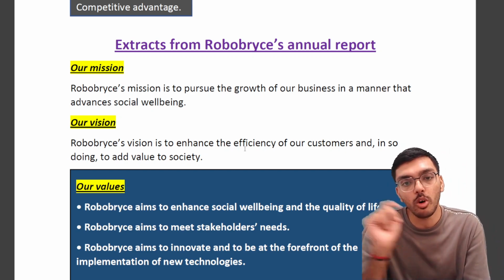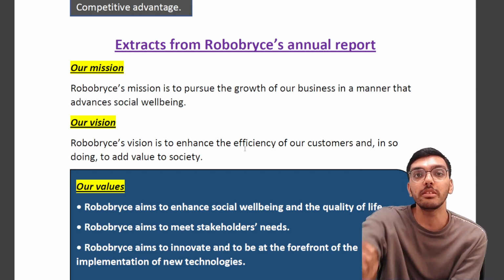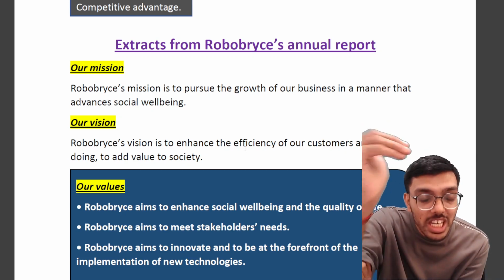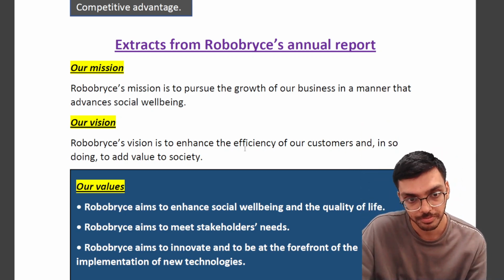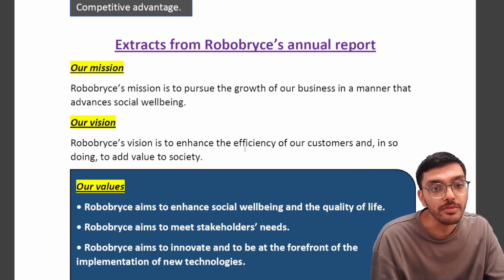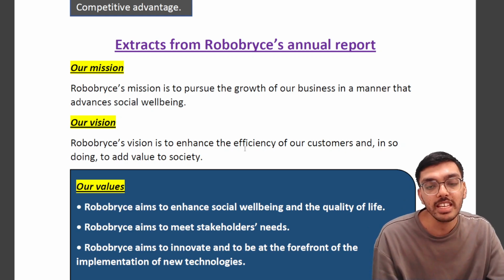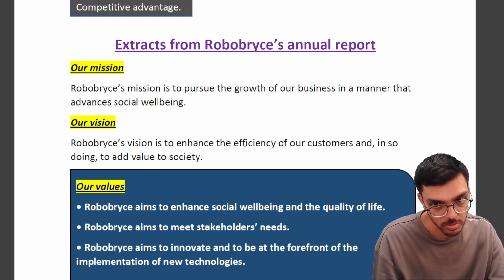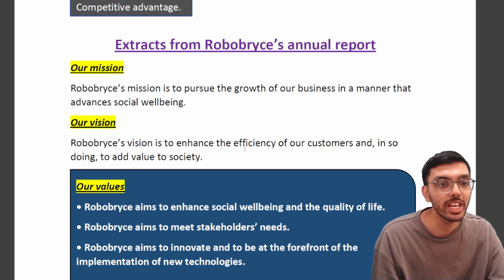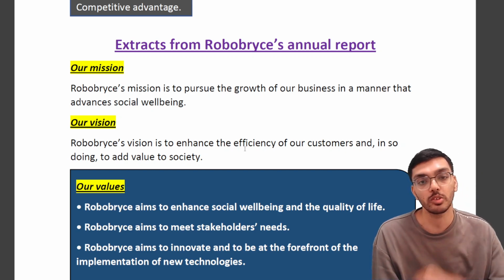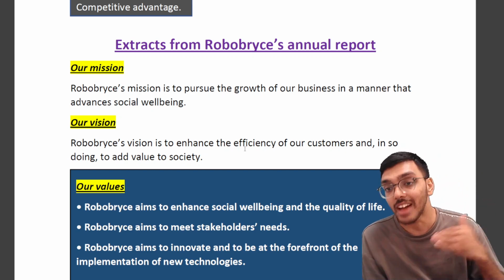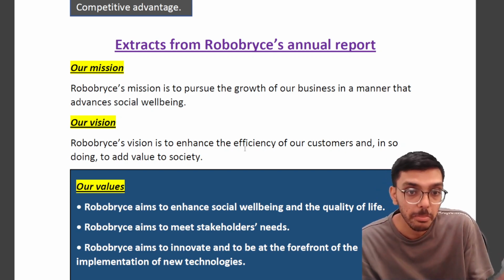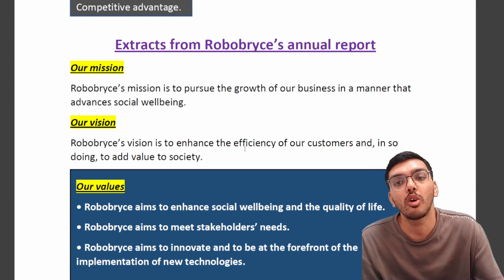Our vision, on the other hand, is what you want to achieve, where you want to reach in the future. So Robobryce's vision is to enhance the efficiency of our customers and in so doing add value to society. So in the future, I want to add value to the society plus efficiency of our customers.